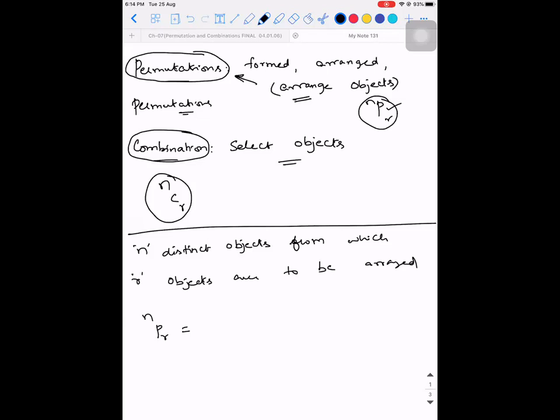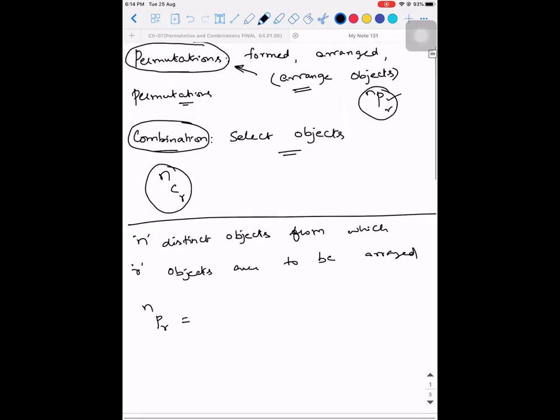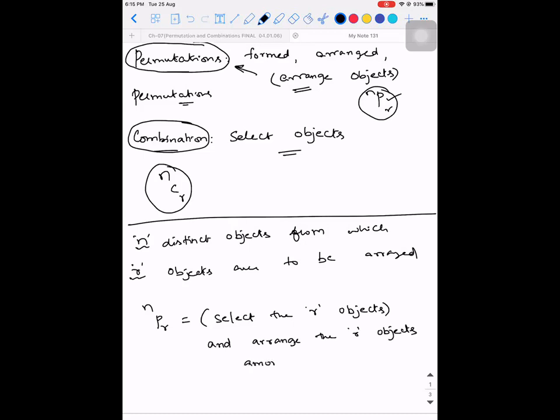Now the question is, for this nPr, can I say you need to select the objects? You have n objects, from which how many objects are needed? r objects. So select the r objects and arrange the r objects among themselves. Does it make sense?